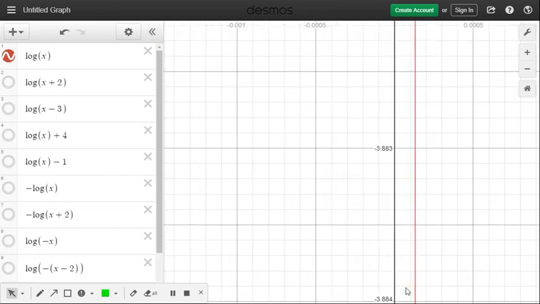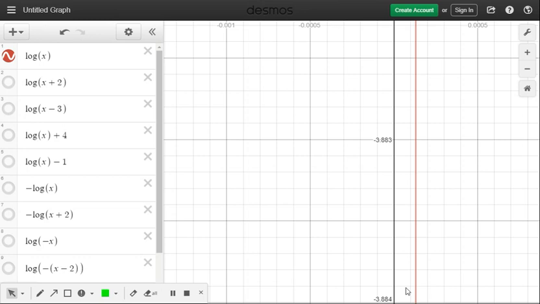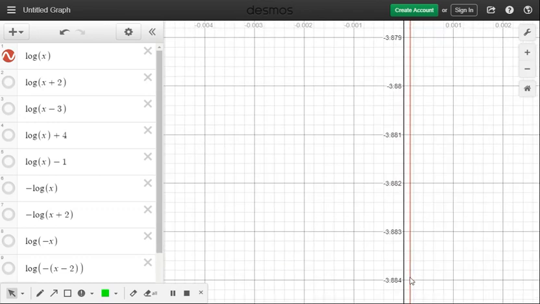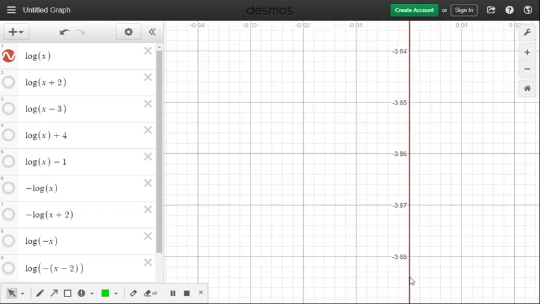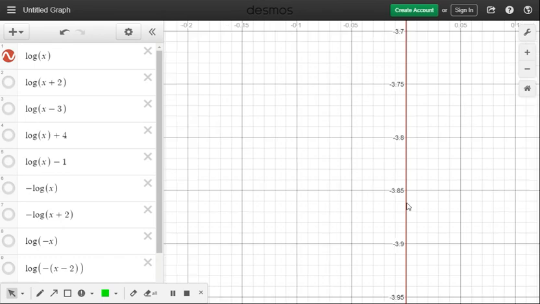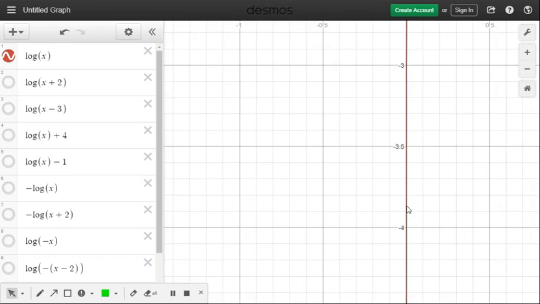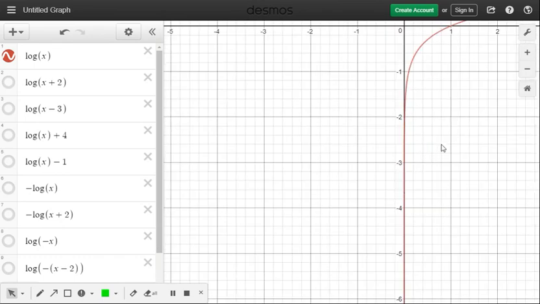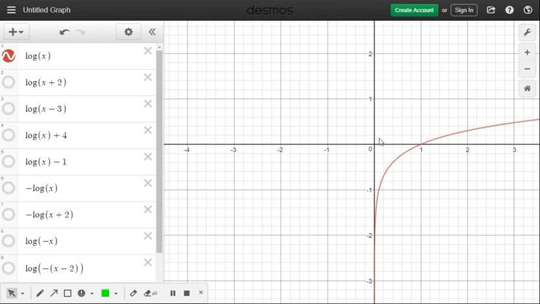So it's pretty much like exponential function, where it looks like it's going along a certain y value, but it's not actually touching. So here in the log function, it looked like it's on the y-axis, but it's actually just going along the y-axis, not touching, not crossing.